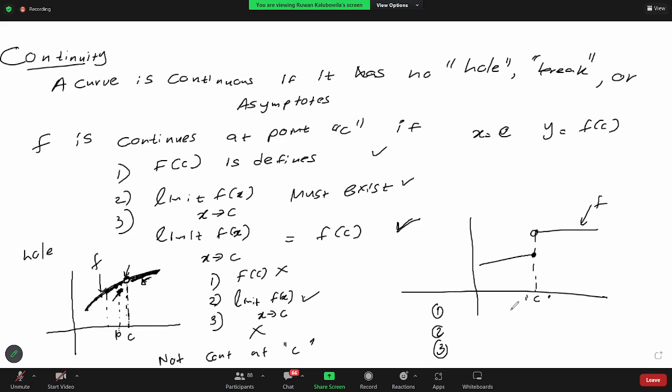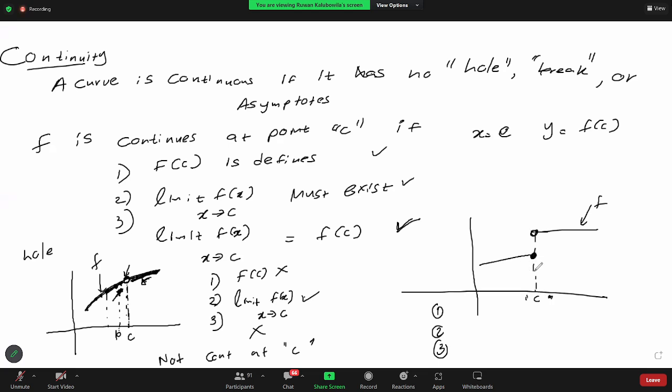Not defined. Any other answers? See the curve correctly. Right. Is there any value for f(c)? Yes. Why?